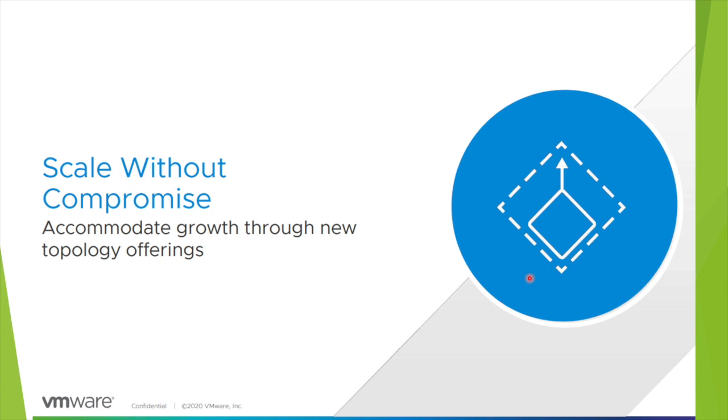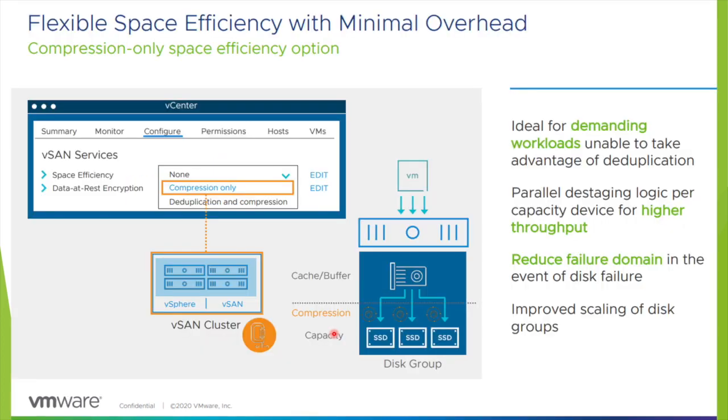Another change is about scaling out, so we can scale out without any compromise. Having a platform which is hyperconverged and a software defined data center is a big thing. You need to be able to manage it properly, and you need to be able to grow it and scale it properly. Now VMware has given you the tools, but in the past the upgrade was done in a certain fashion.